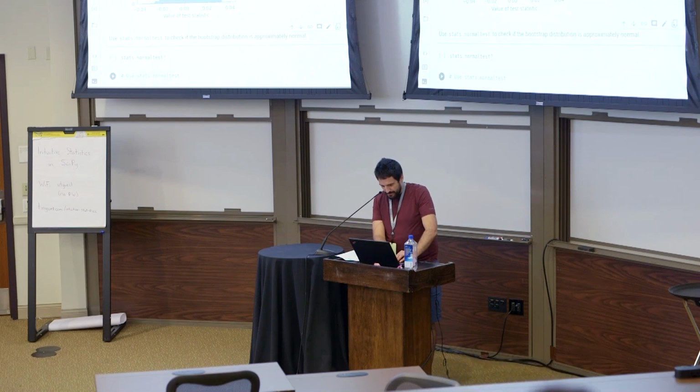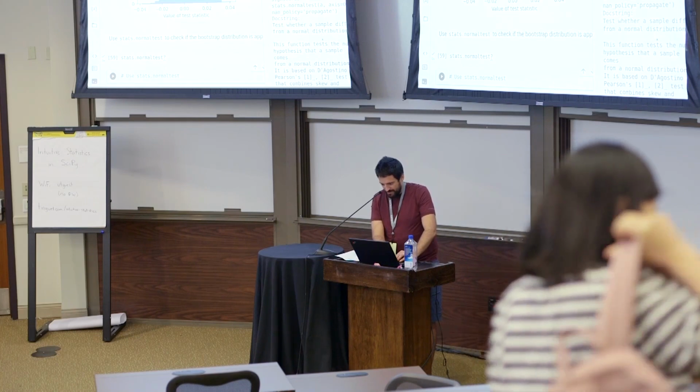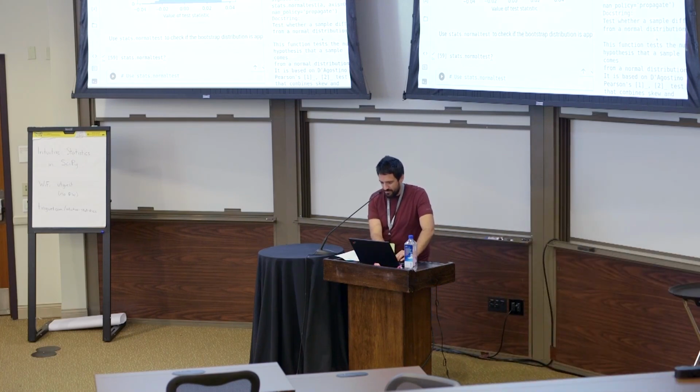And then we're going to use the normal test from SciPy. The null hypothesis here is that a sample comes from a normal distribution, so the alternative is that it does not. So a very low p-value means not normal. It combines the skew and the kurtosis, and all I need to do is pass in the sample here.